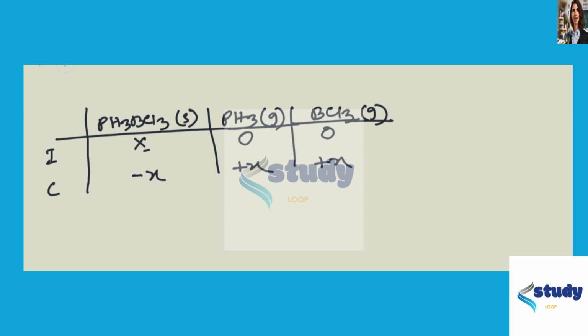That means the change for each of the products will be plus x if the change for the reactant is minus x.